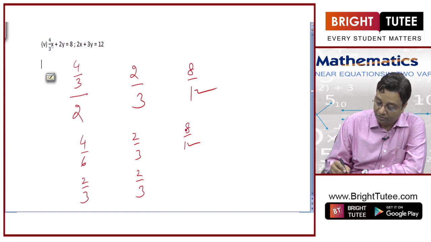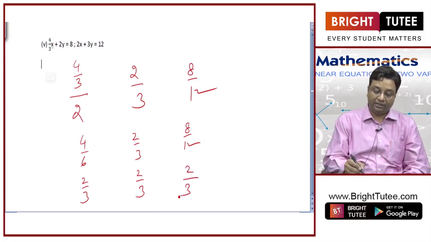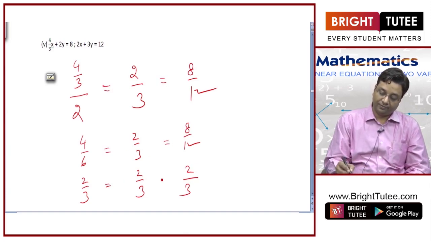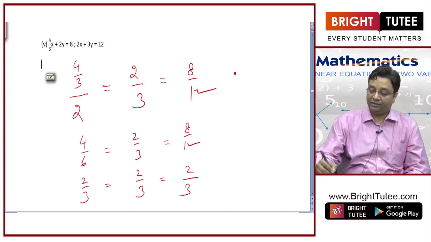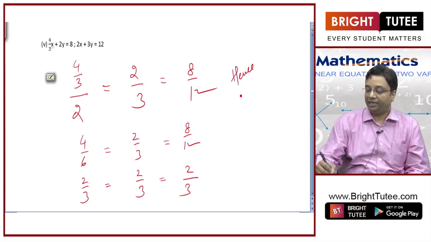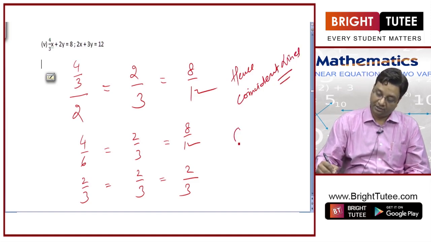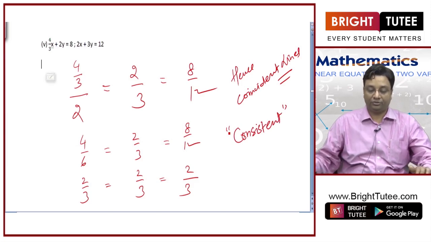So 4 2s are 8, 4 3s are 12, so it is also 2 by 3. So all these three ratios are equal, right? Hence the lines are coincident lines and this system is consistent. Why? Because it is giving us infinite number of solutions.